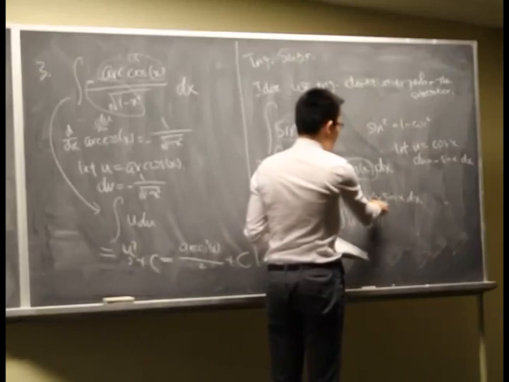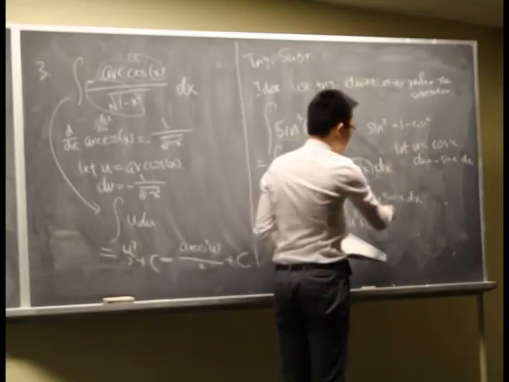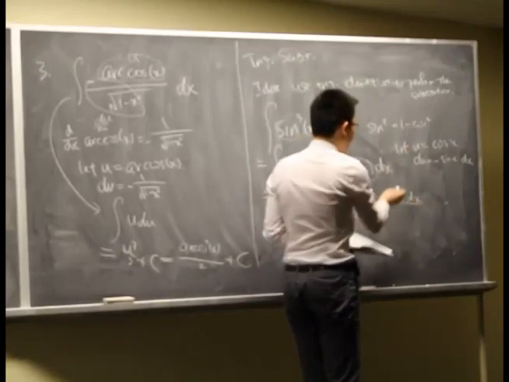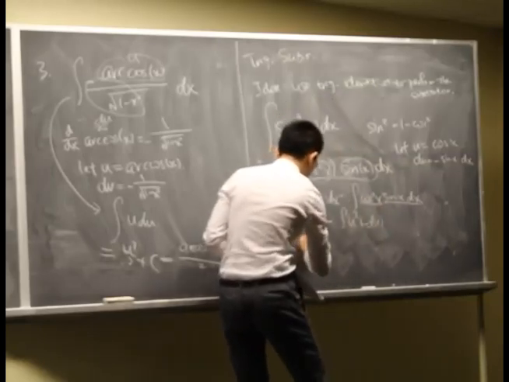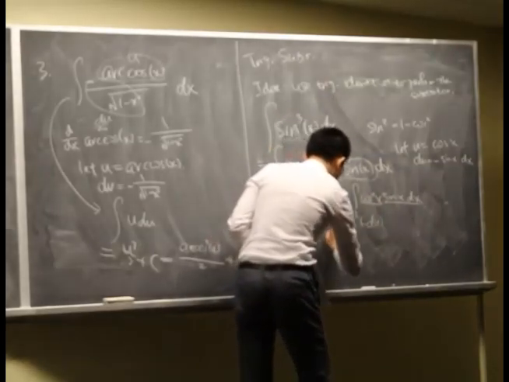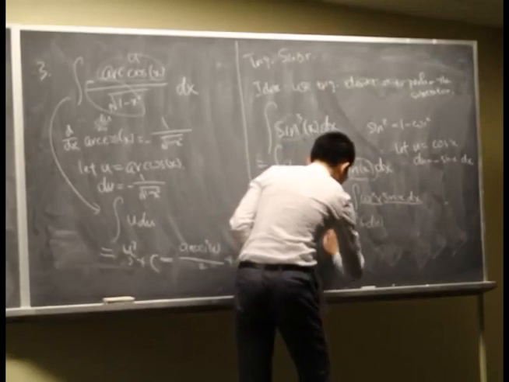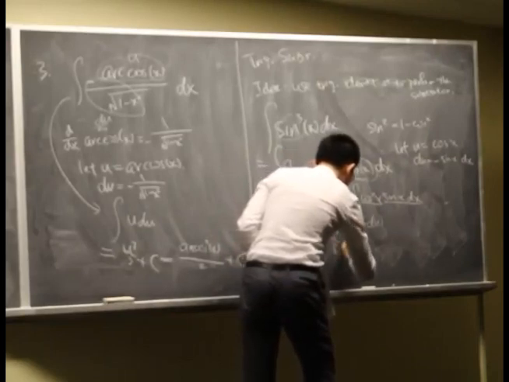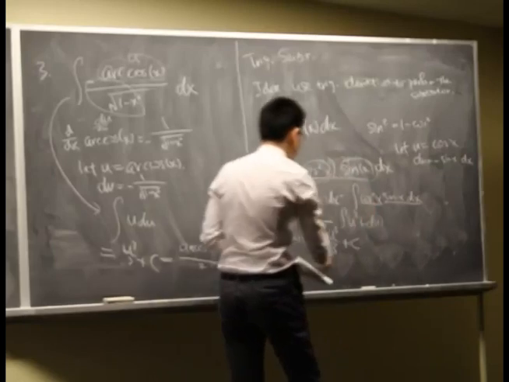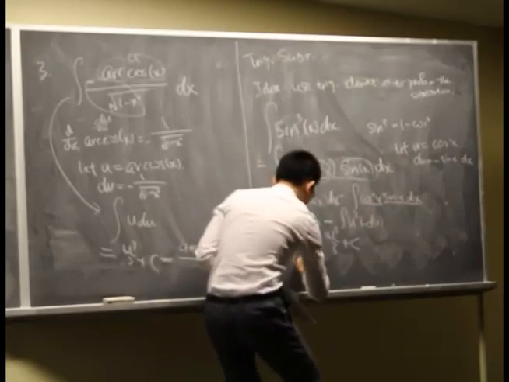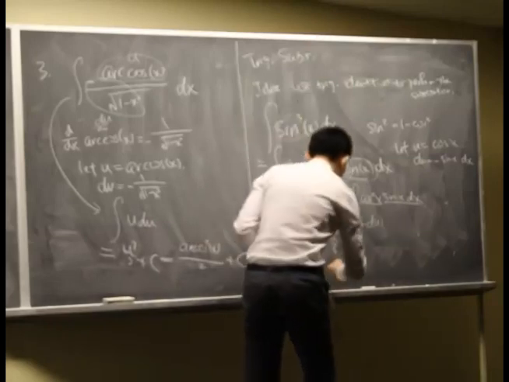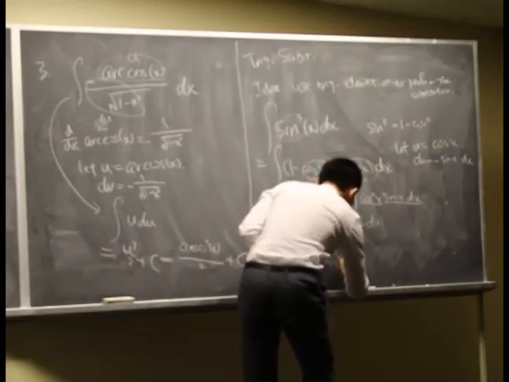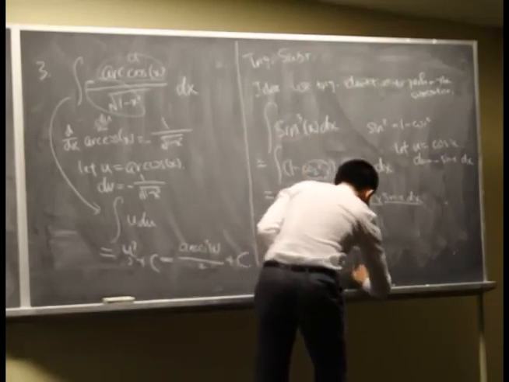And then you can see that cos squared x turns into u squared, and sine x dx is negative du. And this expression is very easy to integrate. It gives u cubed over 3 plus c, which is equal to negative cos x plus cos cubed x over 3 plus c.